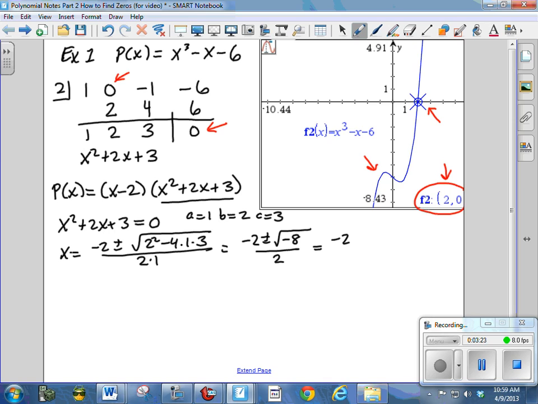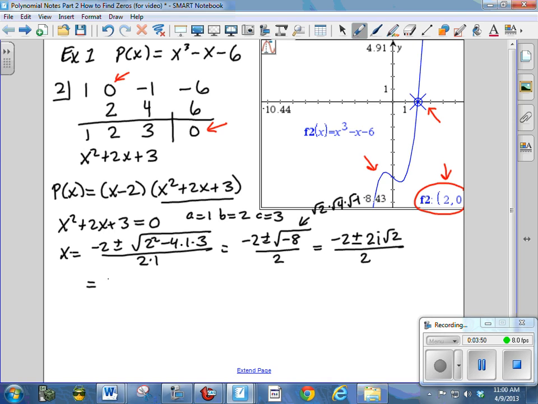Or negative 2 plus or minus, now I could simplify this to the square root of 2 times the square root of 4 times the square root of negative 1. Well, the square root of negative 1 is i. The square root of 4 is 2. So this is going to be 2i, the square root of 2, all over 2. And then if I divide both terms, let me split this up.